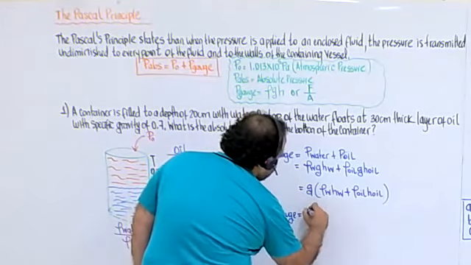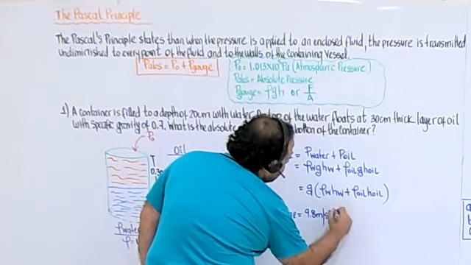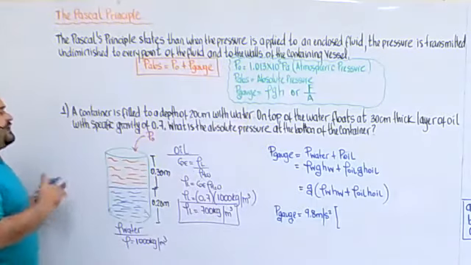The gravity, 9.8 meters per second squared. I'm going to use brackets because that will be nice to do.